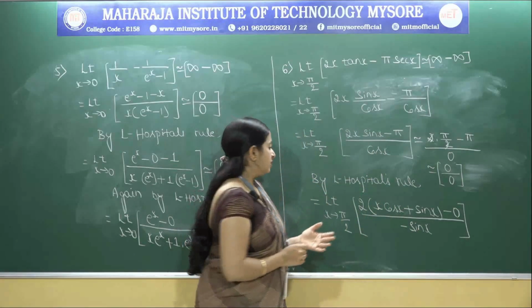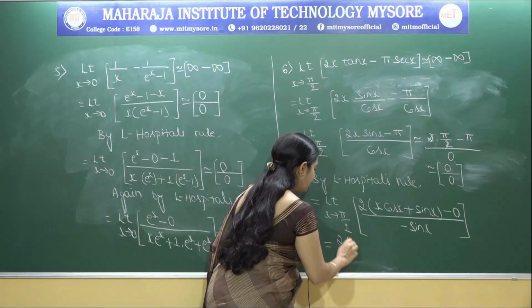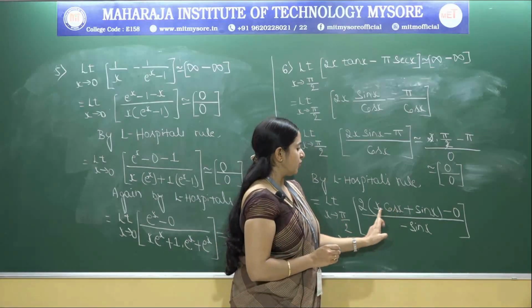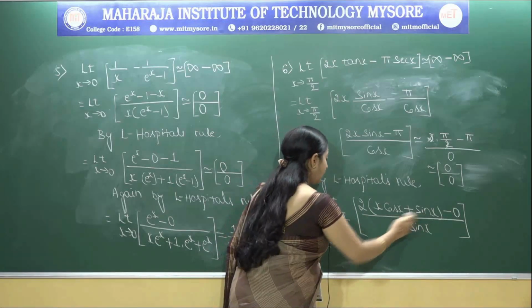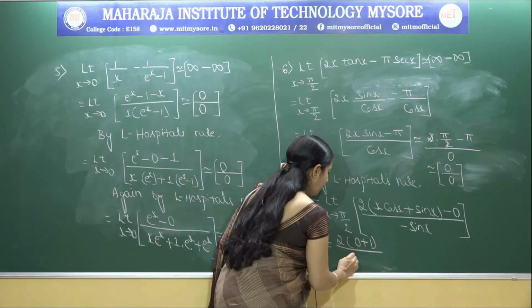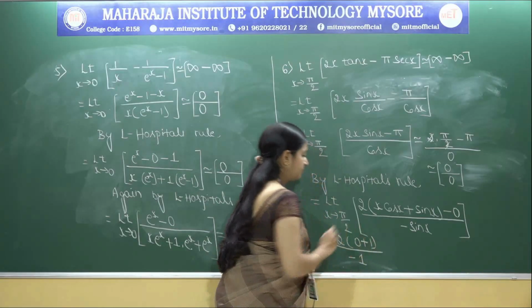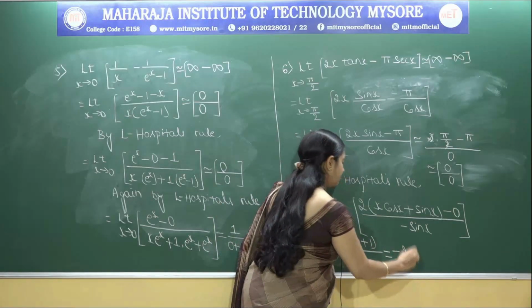Then apply the limit. First one, keep the 2 as it is. Since cos pi by 2 is 0, the multiplication of pi by 2 will get 0. Second term, sin pi by 2 is 1. Denominator minus sin pi by 2 equal to 1. So we will get the answer minus 2.